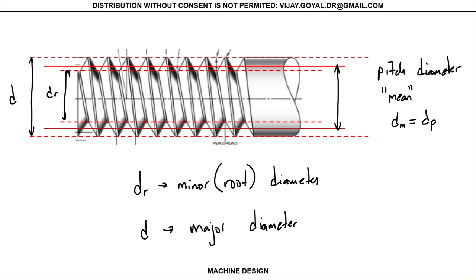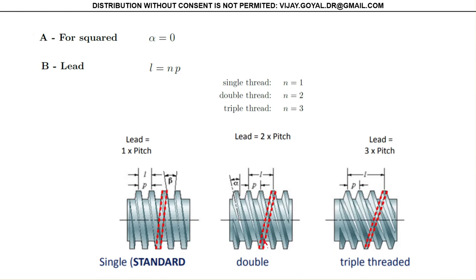Another thing that you may want to consider is the type of lead. You've got single thread lead. What you're saying is, if I give one full turn, it only goes one pitch. Your nut will move only one pitch.